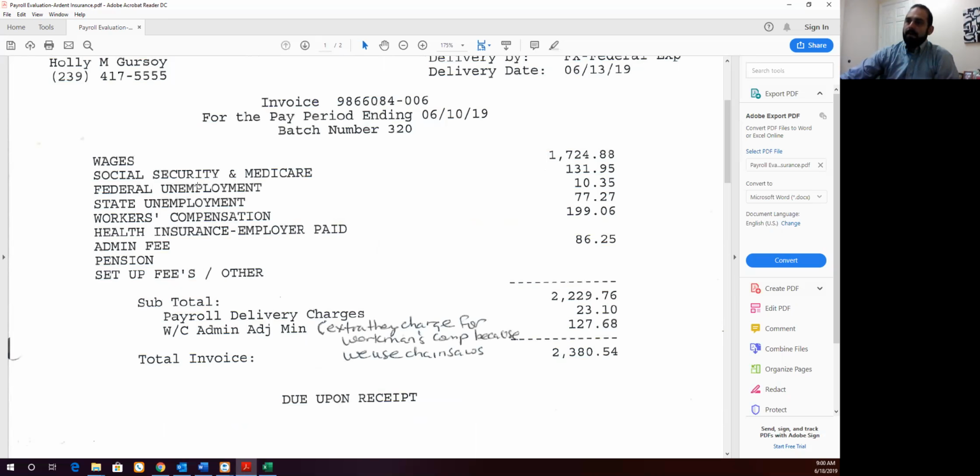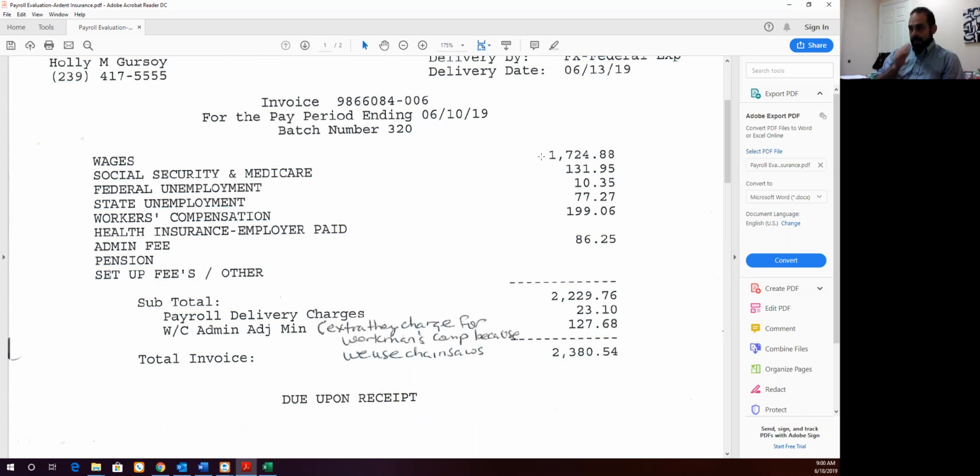The state unemployment rate, the federal unemployment rate, or FUTA, is going to be 0.6% of the first 7,000 of payroll. One trick that PEOs do is they don't hit the cutoffs for SUTA and FUTA. So state unemployment, a new business in Florida is going to start out at 2.75%. Some PEOs will charge less than that as a way to say, hey, we can save you money.